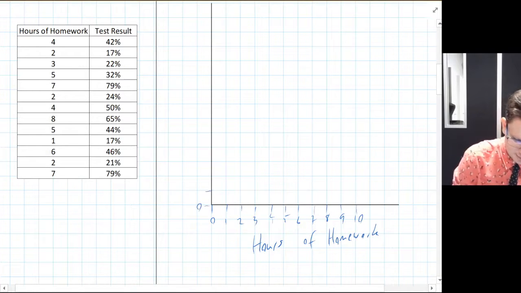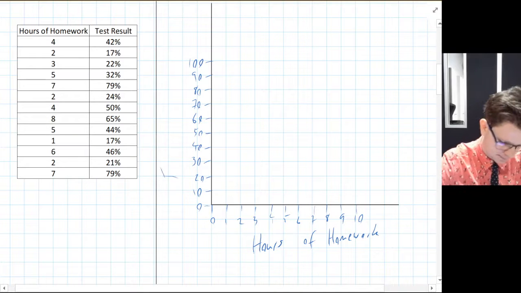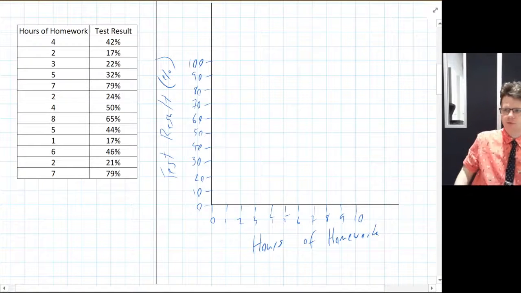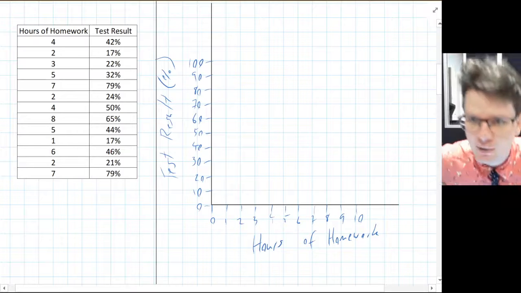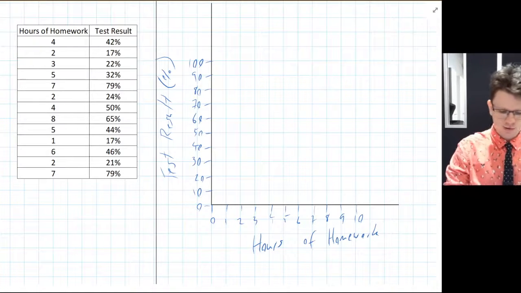And up here we're going to do a percentage, test result. And once again, I'm not going to write the percentage next to every single one. Why? Because I'm going to use it in my axis label so that I don't have to write it so many times. Alrighty. Cool. So now we've got to actually start plotting the points. Worked out everything else, now it's just the point plotting time.